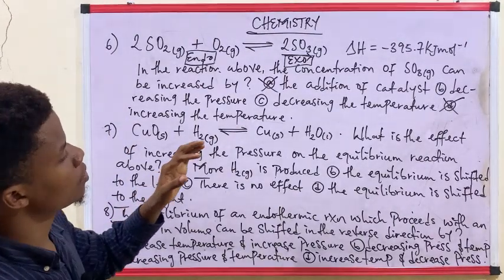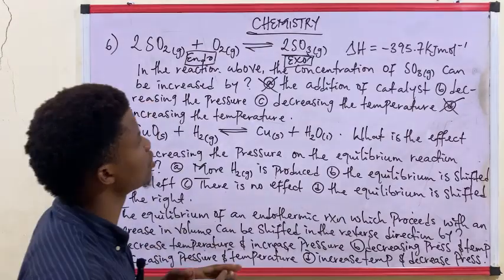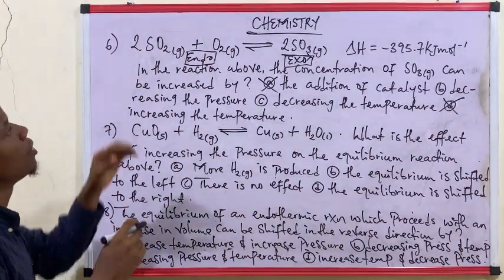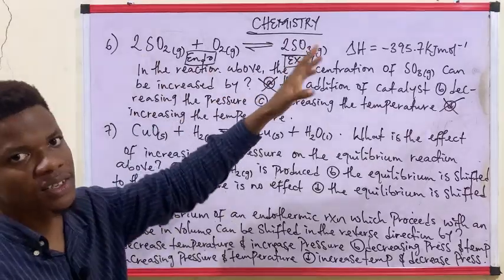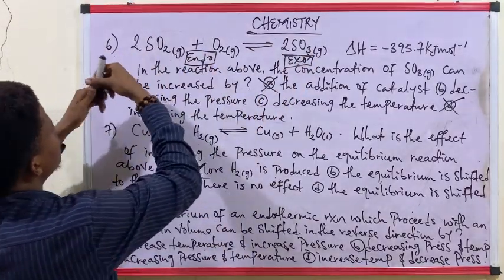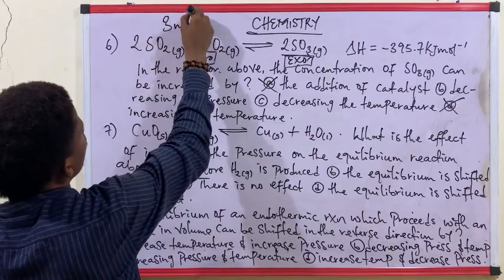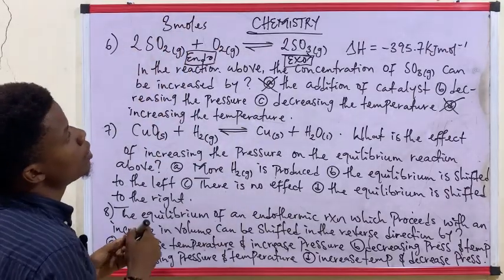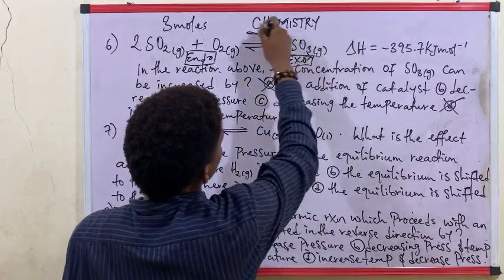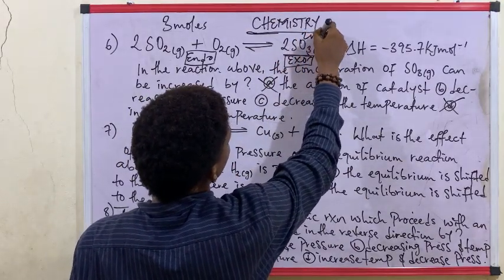B is decreasing the pressure. Now, let's look at this. Remember, they are all gases. So now let's relate their number of moles. This is 2 plus 1. In total, at the left hand side, you have 3 moles. Now this is 2 here. So at the right hand side, in total, we have just 2 moles.